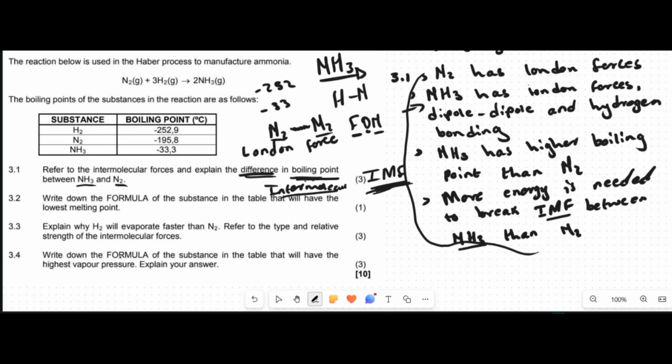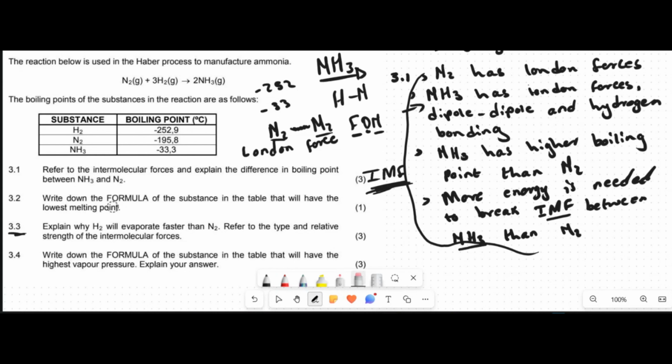Now, all right. 3.3. Explain why H2 will evaporate faster. This is in terms of vapor pressure for sure. Oh, I skipped a question. Write down the formula of the substance on the table that will have the lowest melting point.